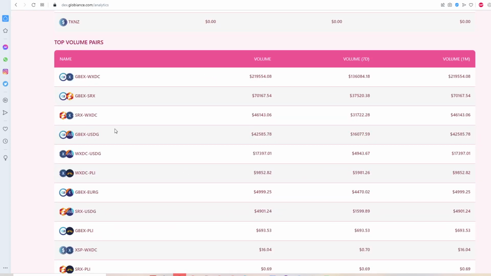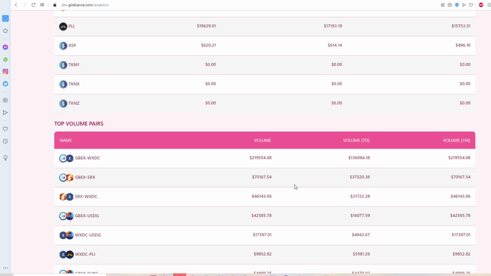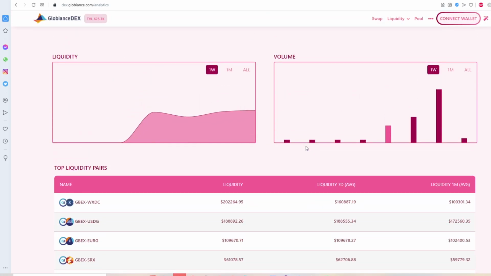Let me see, analytics. Top volume tokens here, so 143k volume. From that, 4% away. And there you go. The more volume on the DEX, the better also for GBEX holders. So the DEX and the centralized exchange, both are good if trades are happening.